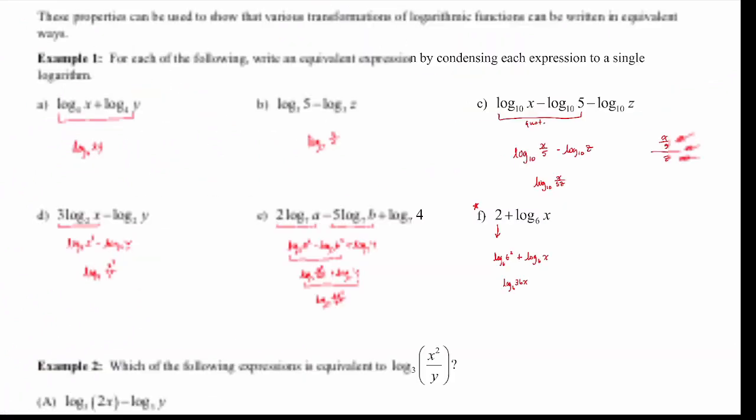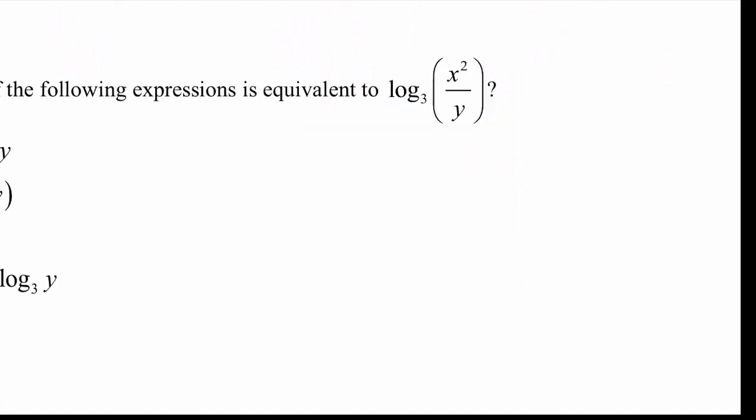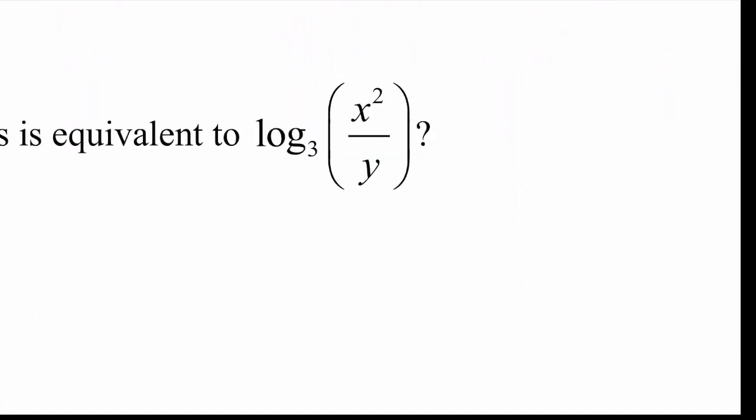Okay, let's continue. Which of the following expressions is equivalent to log base 3 of x squared divided by y? So in this case, we want to take this log and expand. And so we'll take some time and see which rules we can undo. I see 2 things are dividing, so I'll do the quotient rule first. I have log base 3 of x squared minus log base 3 of y.